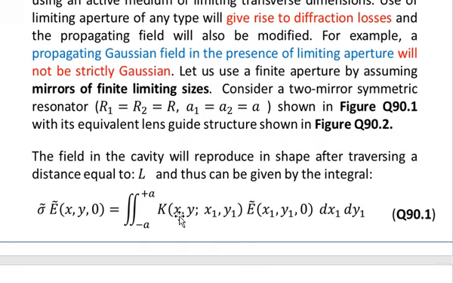So you see that this is the field that we have written. And here we have used the words: the field in the cavity will reproduce in shape after traversing a distance equal to L.